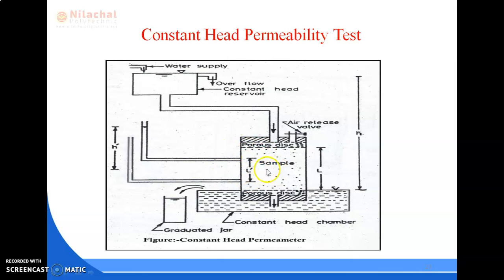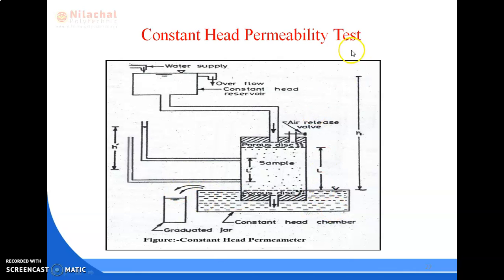Here we have to put the sample. This is a porous dish. Above it we have to put the soil sample, and above it another porous dish. Here is an air valve. This is the tank with water supply. This is the water table, overflow tank, constant head reservoir, and this is the constant head chamber.